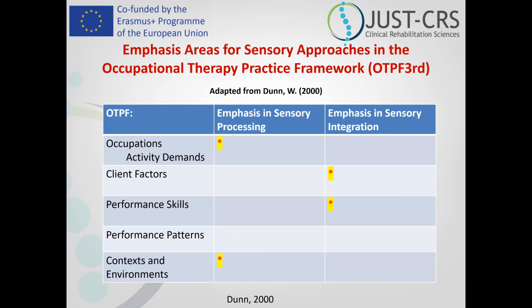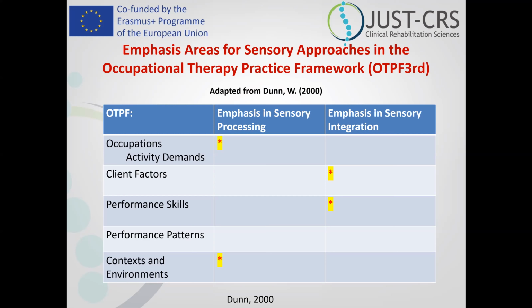If we look at the emphasis in sensory integration, it focuses more on client factors and performance skills, which shows bottom-up approaches, which is from our framework actually, but there's no link between the emphasis on these domains and participation. So there's a poor link between client factors and performance skills and participation in daily activities.